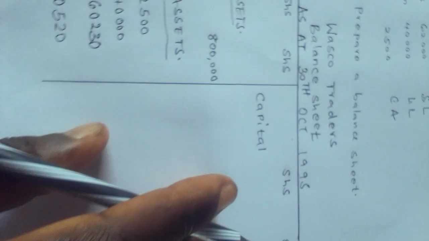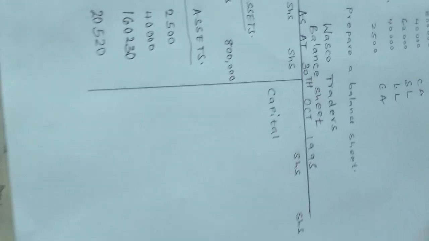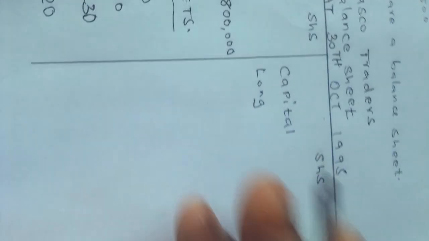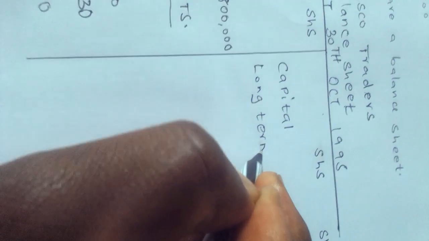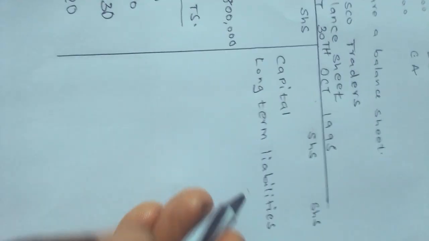But in this case, a 2-year loan is a long-term liability. So you write 2-year loan. And you are going to write it here because that is the only liability that we have. The 2-year loan is actually 40,000, so you write it here, 40,000. And then you come down for the short-term liabilities, and you underline this one.